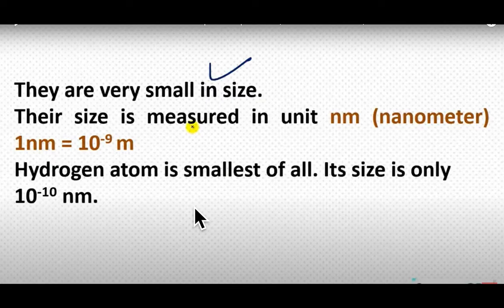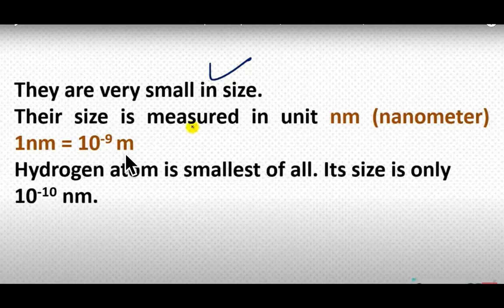As atoms are very small in size, their size is measured in a unit which is known as the nanometer. 1 nanometer is equal to 10 raised to the power minus 9 meter.